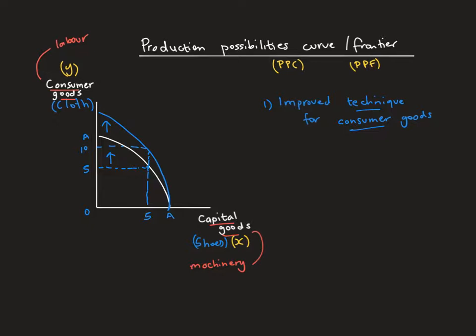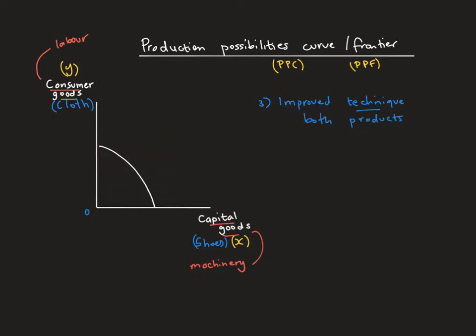And both representations on the line basically represent efficiency. So A is just moving upwards to B because we've got an improved technique for producing consumer goods. And this now will allow us to move from our PPC curve AA to a new PPC curve, which is now called AB, representing our latest movement from point A to point B.